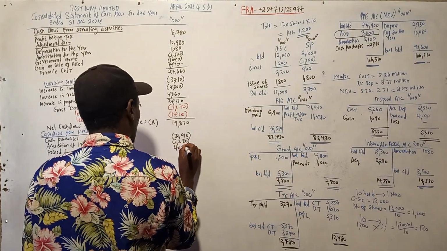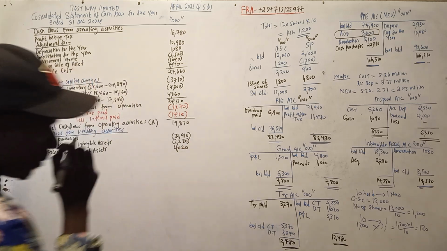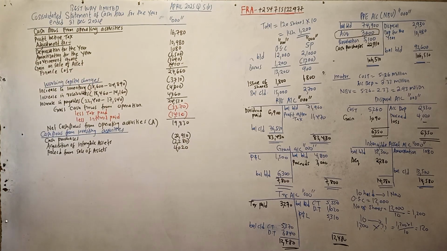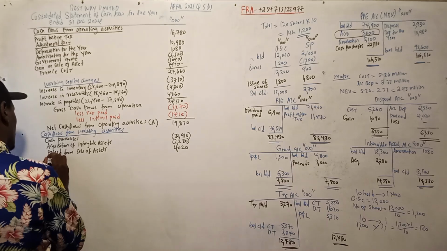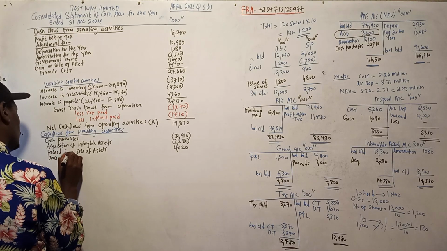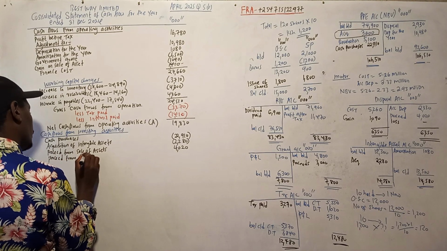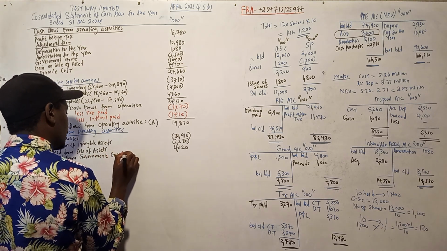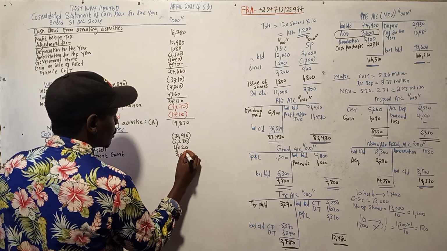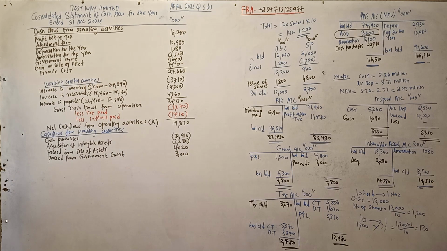This one is supposed to be added back. What else do we have? We have the government grant also. Here the proceed from the government grant is 3,000. I think there is no other item in that case.